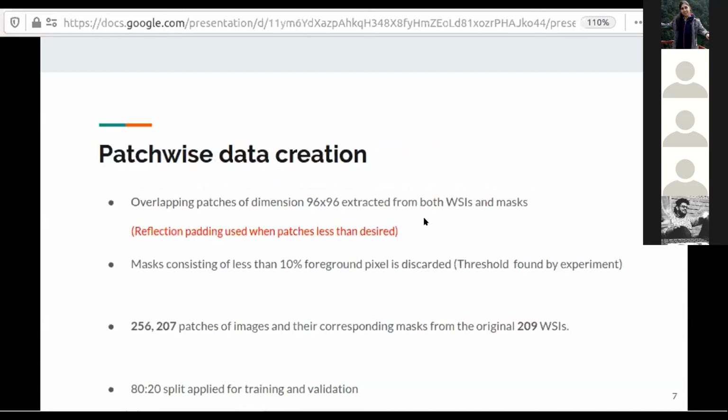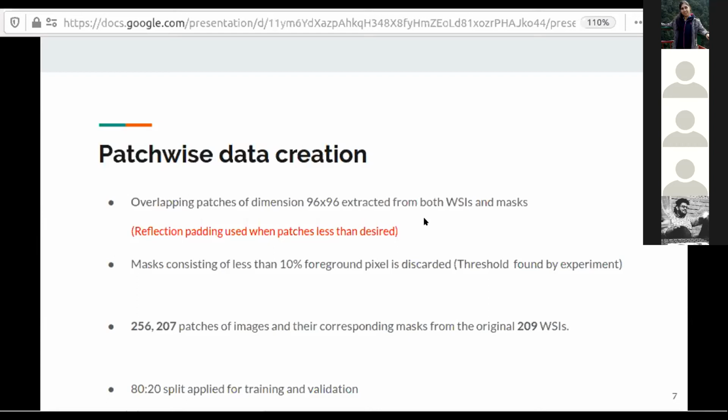For creating the patch-wise data, we extracted 96 by 96 patches from the whole slide images, as well as for the masks. We used reflection padding for any patches which were less than 96 by 96.